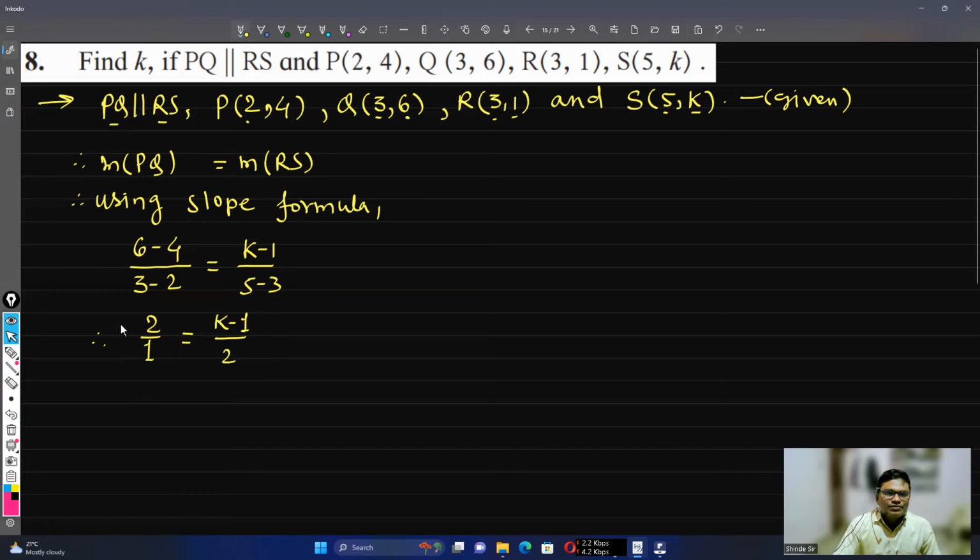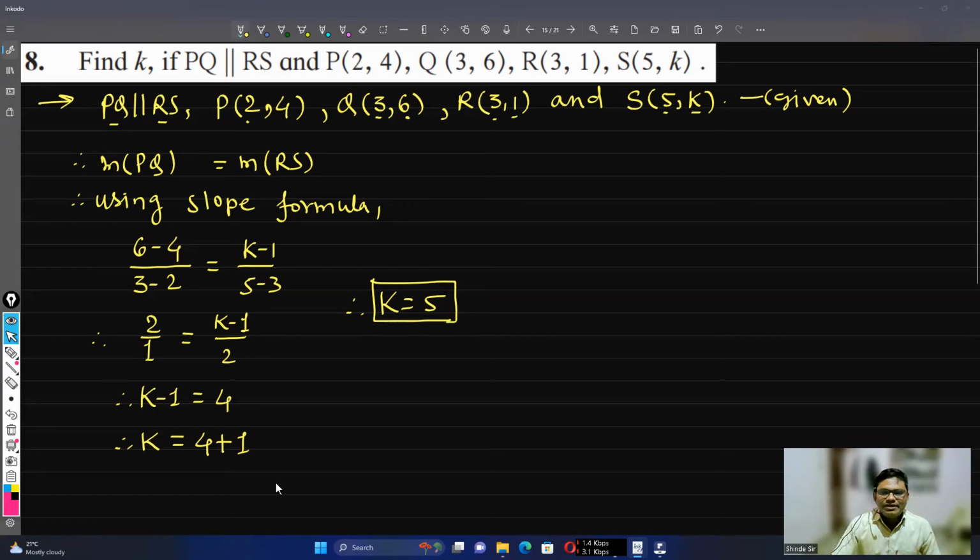Now perform cross multiplication. K minus 1 times 1 is K minus 1, and 2 times 2 is 4. Therefore, K equals 4 plus 1, so K is equal to 5. This is the way we can find the value of K in this problem.